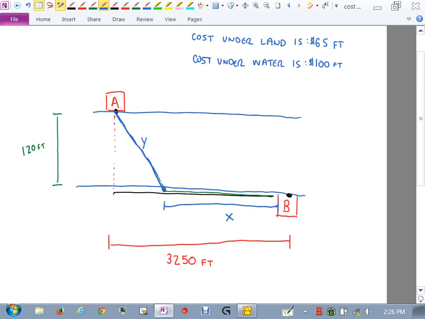Do you see, though, by doing this, do you see that I'm actually creating something where I'm going to have a closed interval? Because x is going to be, what? The smallest could be 0, but the biggest is what? Whatever the heck that is, 3250. You see, I have a closed interval. I have a restriction on x that's closed. I just need to come up with a function that gives me the cost based on x.